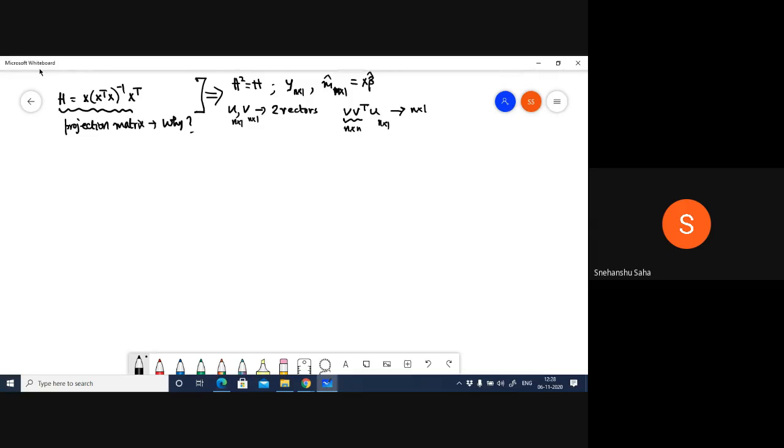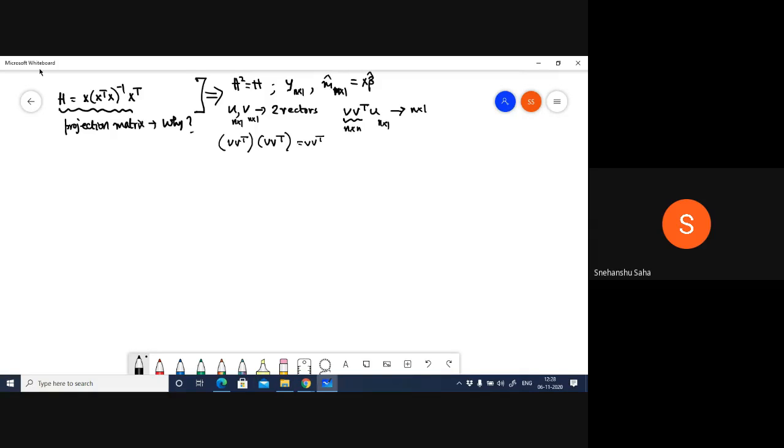Since I have assumed that v is a vector of unit length, what do we know about v transpose v? We know that v transpose v is equal to 1, right? And so therefore, vv transpose times vv transpose, if I just take this, is nothing but vv transpose, right?